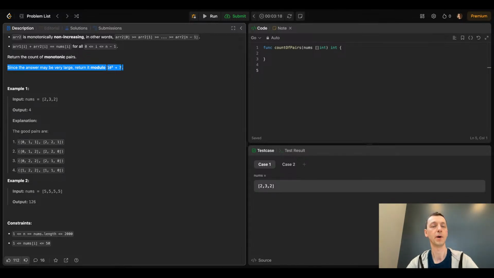Oh, return it modulo. I know what modulo is. It's the remainder of division. So 5 modulo 2 is 1.